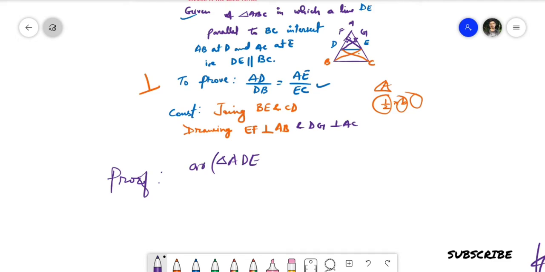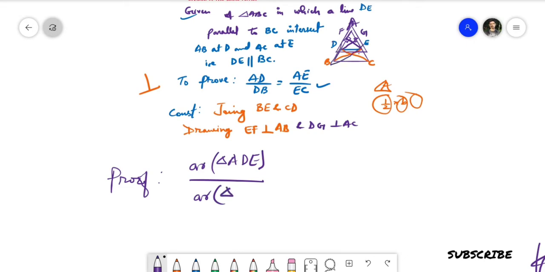Can you see, I'm talking about this upper part. This is A, D and E. So in triangle, area of triangle ADE by, because we are talking about the ratio, so that's why we will be writing this, by area of triangle BDE. Can you see this one?